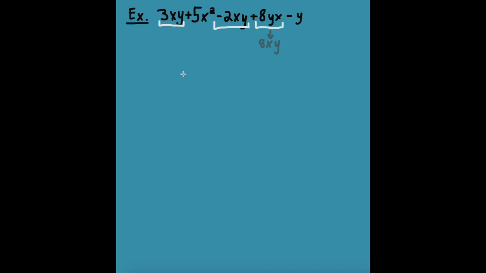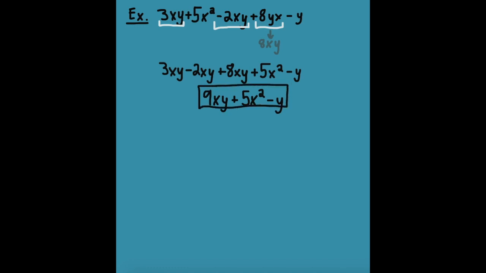I can rewrite this as 3xy minus 2xy plus 8xy plus 5x squared minus y. 3xy minus 2xy is 1xy, and 1xy plus 8xy is equal to 9xy. 5x squared will stay 5x squared since there are no other x squared terms in this problem, and negative y will stay negative y since there are no other y terms in this problem. Therefore, our final answer is 9xy plus 5x squared minus y.